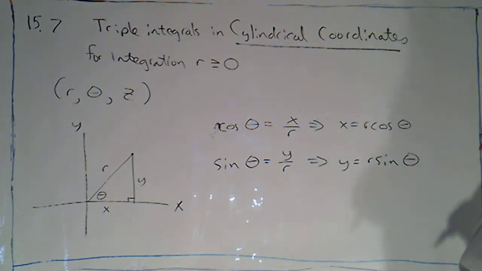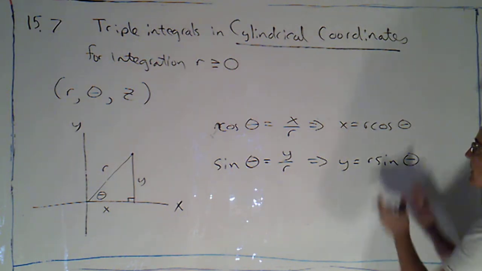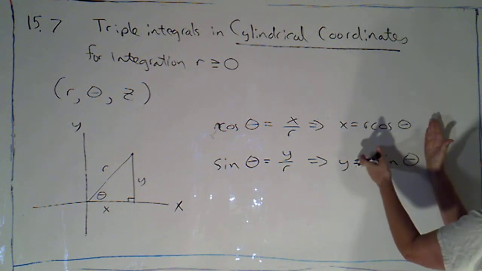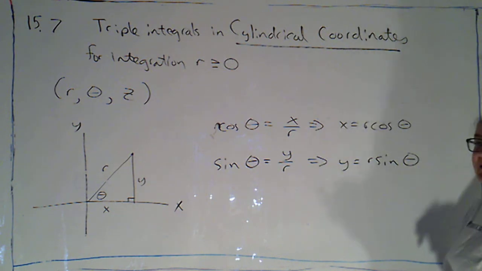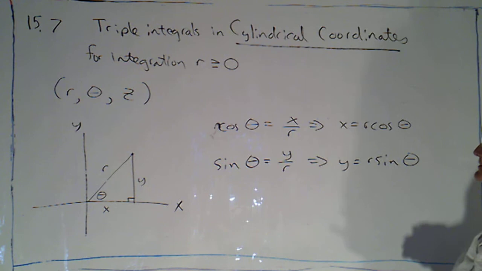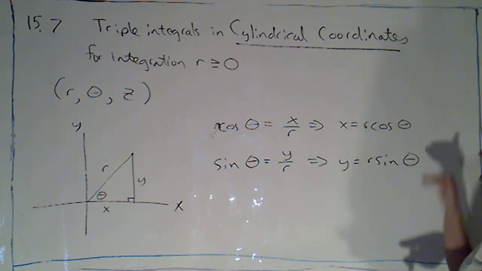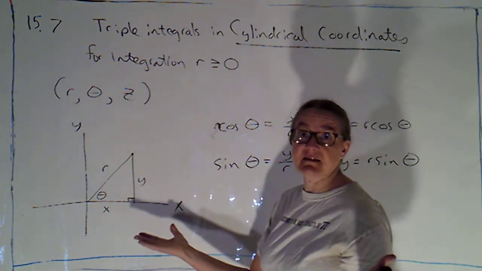And that always works. So, this is how I can express x and y in terms of polar coordinates, which then allows me to express x, y, z in terms of cylindrical coordinates. X becomes r cosine theta, y becomes r sine theta, z just stays as z.